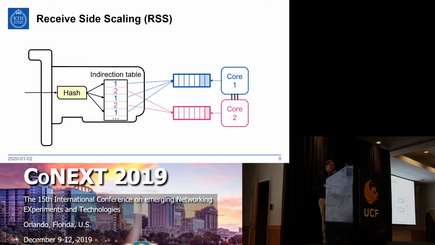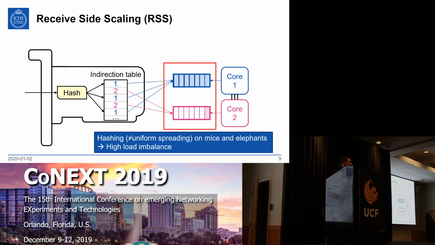I'm going faster than my animation. Okay, so the problem that we saw in this sharding experiment is that some queues receive many more packets than others. Right? That can happen for 2 reasons. First, hashing is not uniform spreading, right? So some entries of the indirection table get hit by more flows than some others.